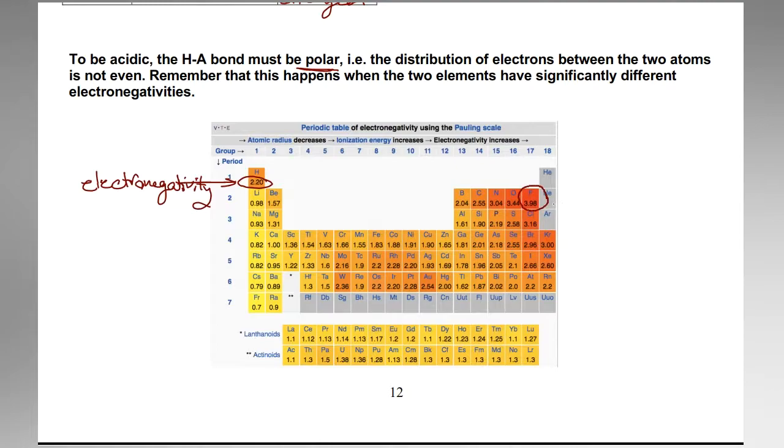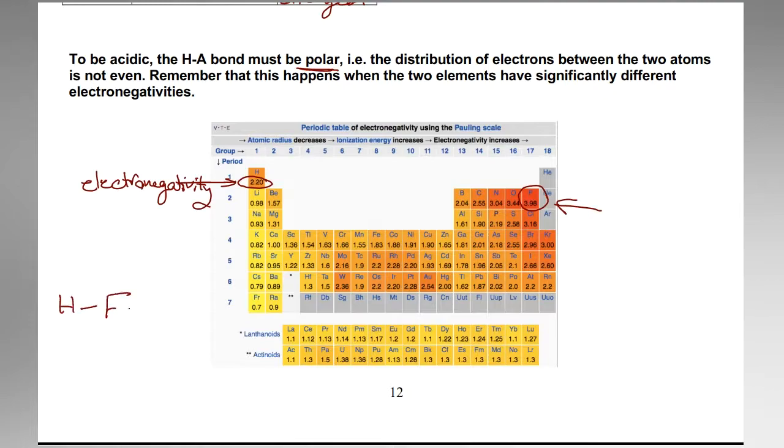Similarly, if we look over here at fluorine, its electronegativity on the Pauling scale is 3.98. And what those numbers mean is that fluorine, with a higher electronegativity, has a stronger tendency to hold electrons tightly than hydrogen does. How does that manifest itself when those two elements bond with each other?